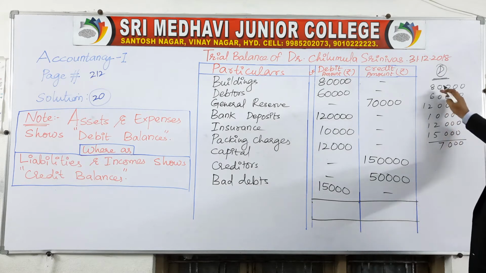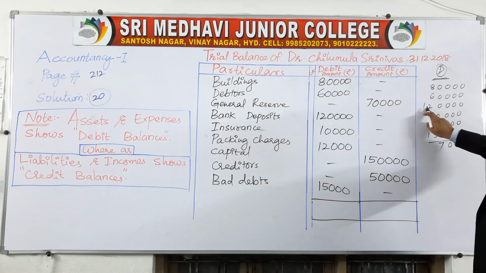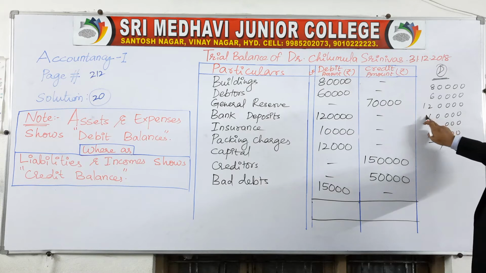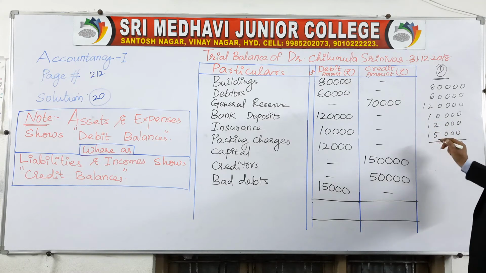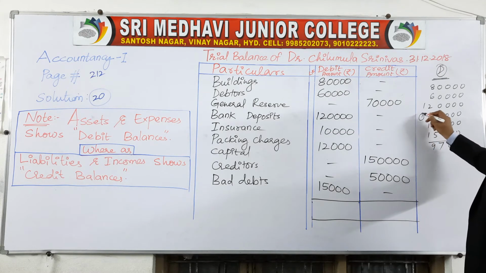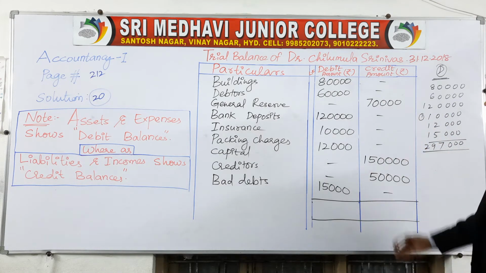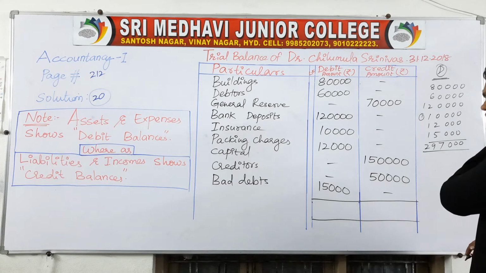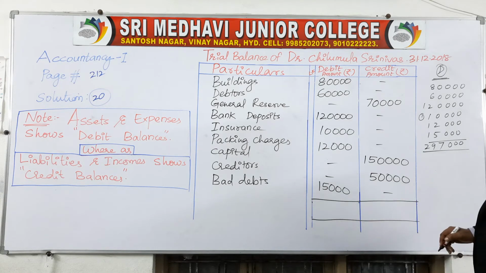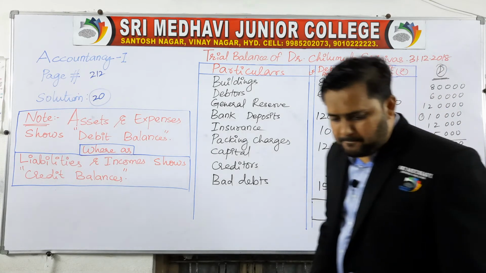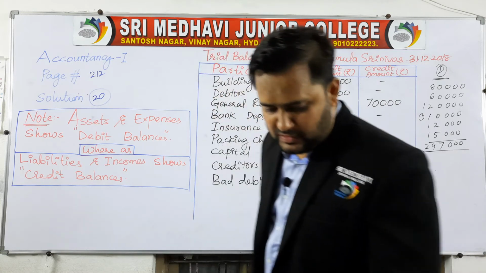So 7, 8, 6, 14, 14, 15, 16, 17, 18, 19. Carry 1. 2,97,000 is the total of the debit column. Whereas, what is the total of the credit side? How much are we getting? 2,97,000 for this.